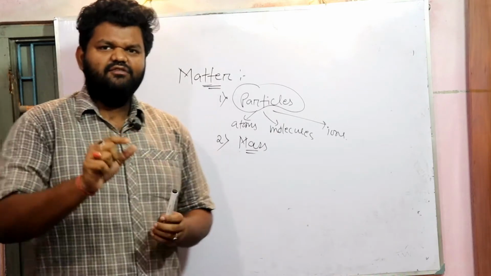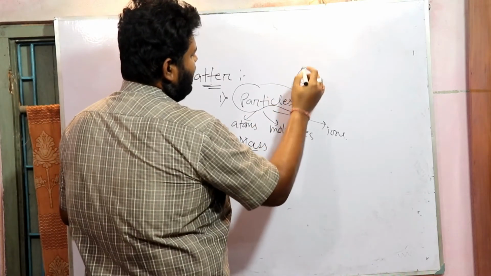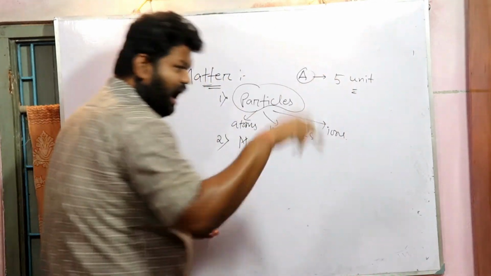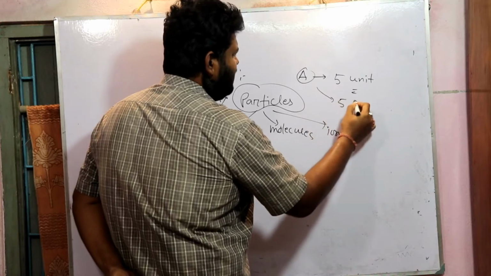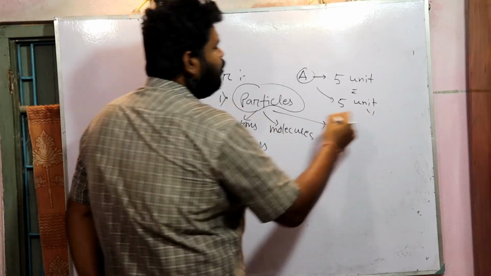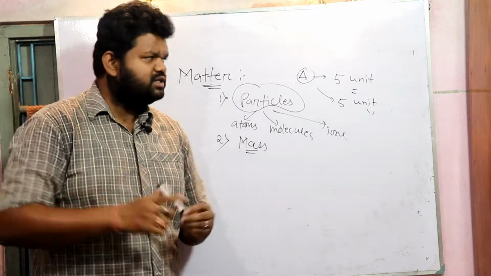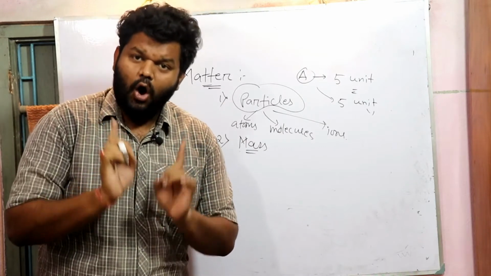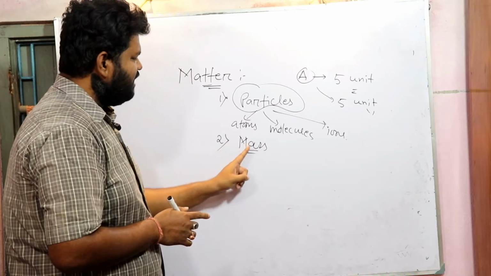That means if any object A has a mass of 5 units on Earth, then definitely the mass of this object will be 5 units on the Moon also. Everywhere in the universe the mass is the same for any particular object. So matter will have some definite mass.